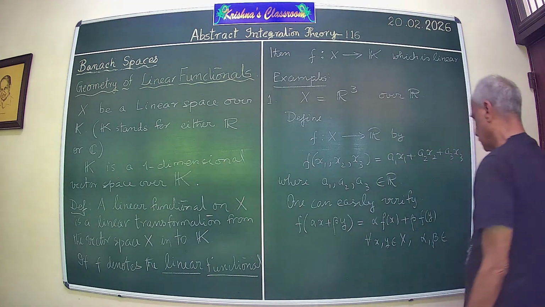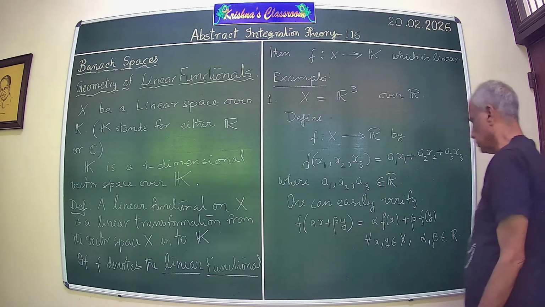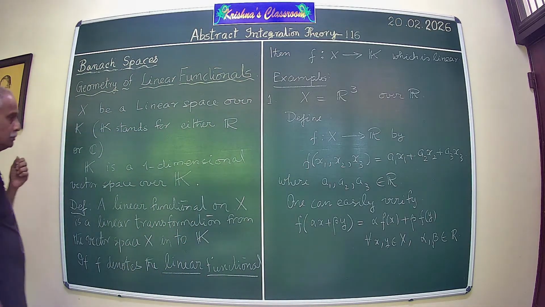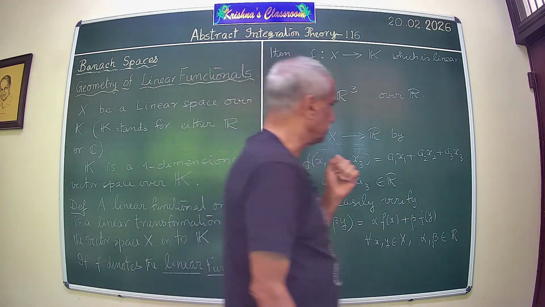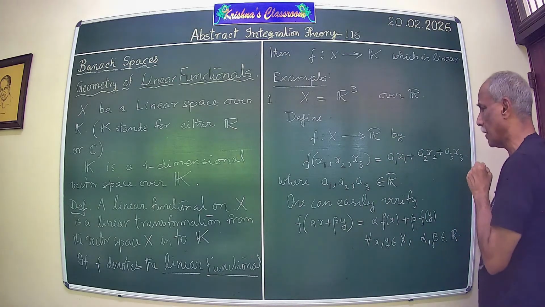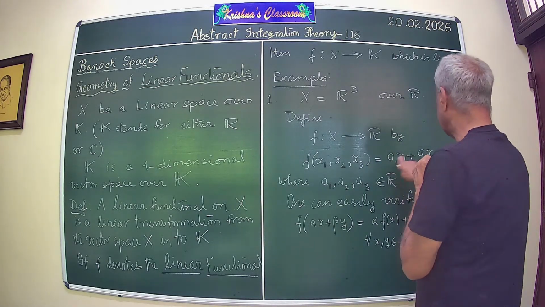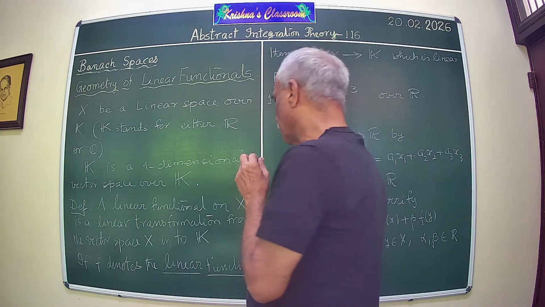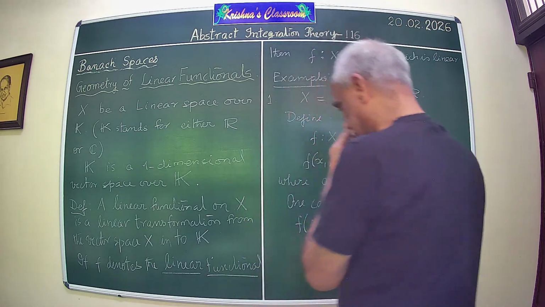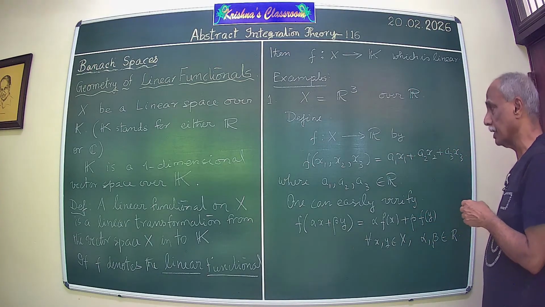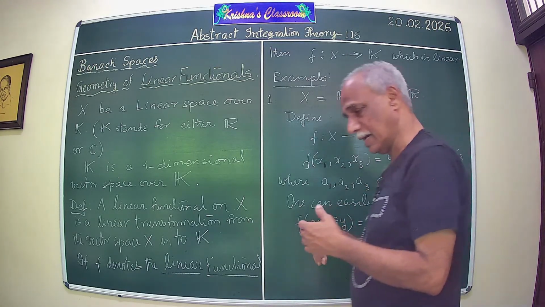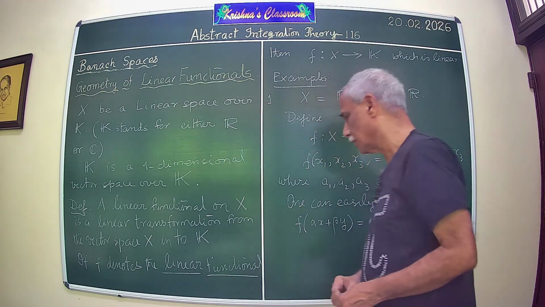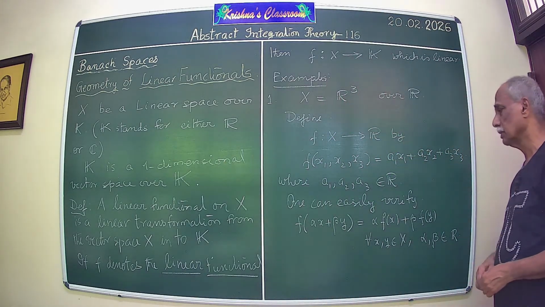So it's an example of a linear function. So in fact, you see that at the outset itself, these three numbers fix the linear function. More generally, one can actually get a form. Okay, that's an example.